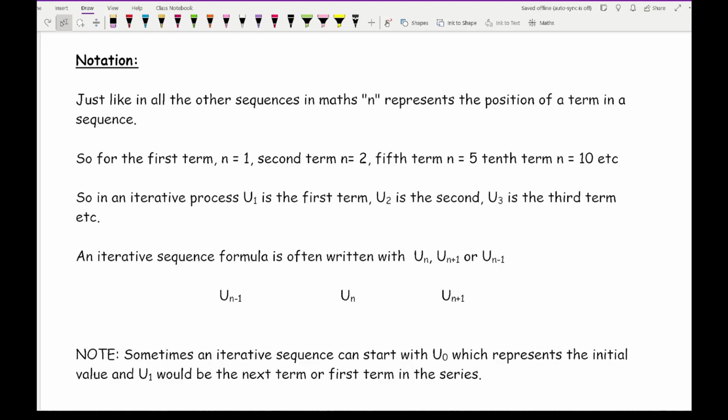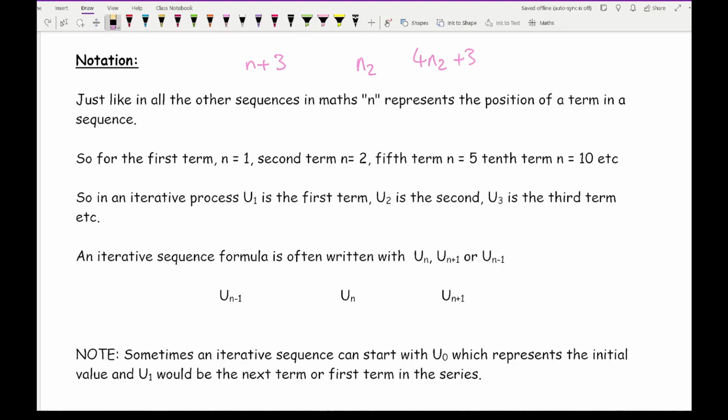As previously mentioned, because an iteration sequence uses previous terms, they can't use n equals 2, n equals 4 in the formula, because it just becomes confusing. Because when you have n equals 2, like with an nth term, you might have something that looks like 4n plus 3, but then if the second term is n2, your formula will look like this, which starts getting really, really messy.